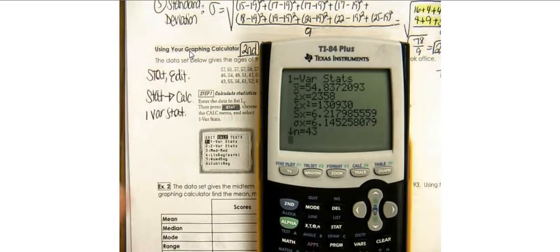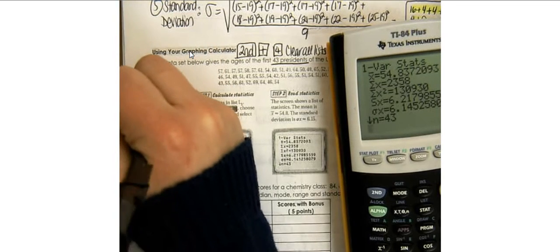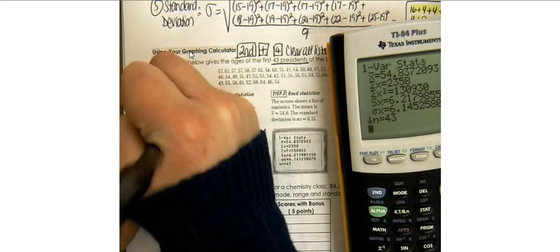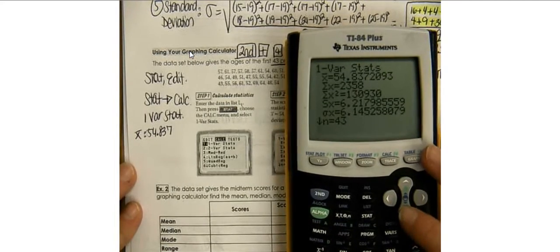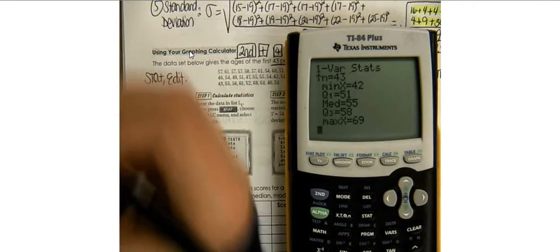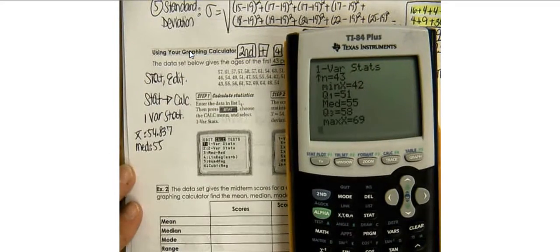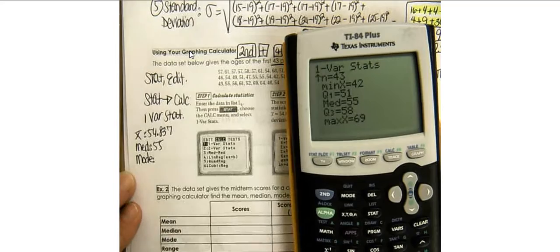Notice our X bar is given to us, and our X bar, which is our mean, is 54.837. Our median, if you scroll down, is MED. Our median is 55. We didn't even have to reorder these. They've already told us what our median is. Our mode, we'll have to identify by hand, and we'll do that in just a second.